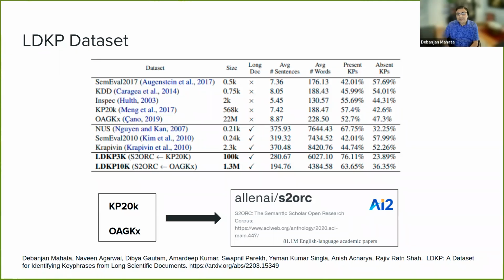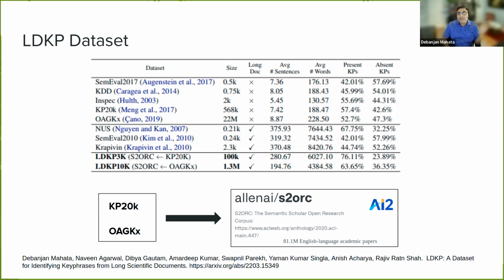S2ORC gives us the entire documents with all the metadata and all the pages, while KP20K and OAG give us the key phrases.